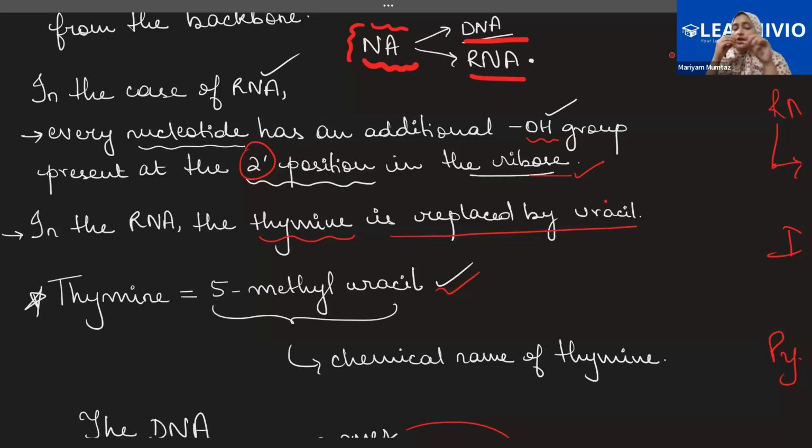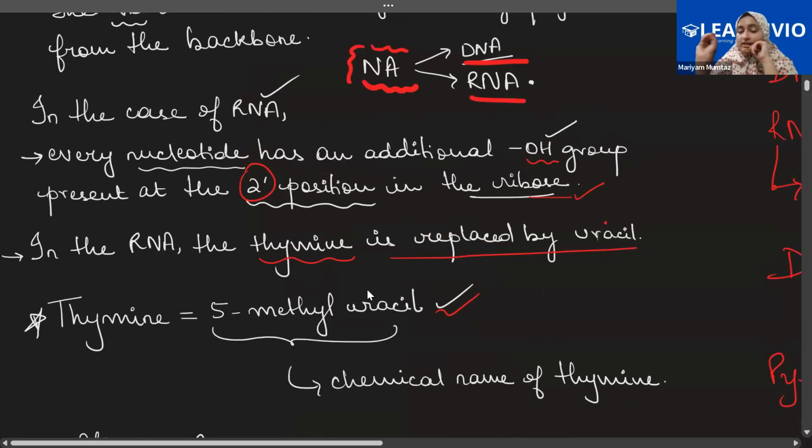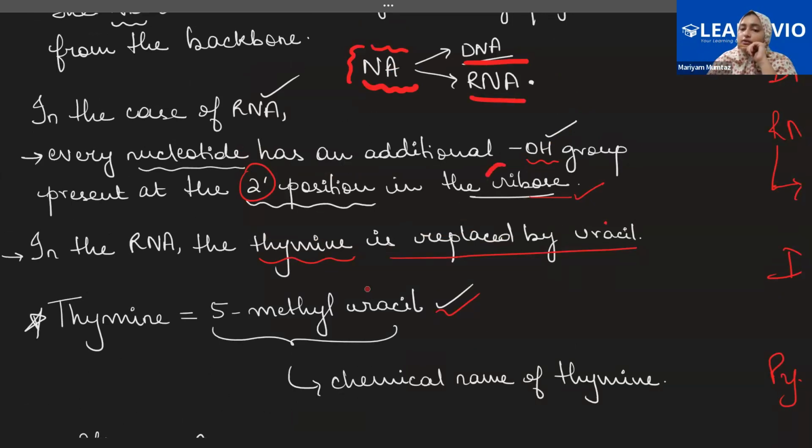Thymine is not present in RNA because it gets replaced by uracil. Always remember that the sugar in RNA is ribose sugar because it is ribonucleic acid, and the sugar in DNA is deoxyribose sugar. Clear?